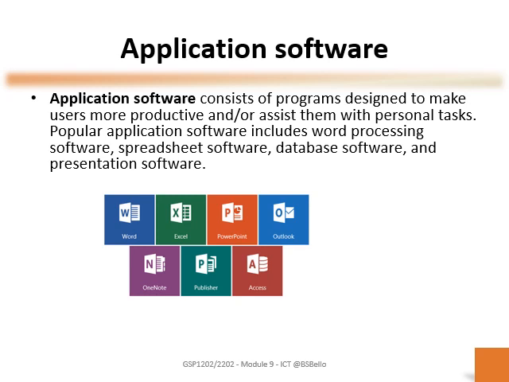Some popular application software includes word processing, such as Microsoft Word, where you type your report; spreadsheet software such as Microsoft Excel, where you perform calculations; presentation software, for example Microsoft PowerPoint, where you do presentations; and database software such as Microsoft Access.